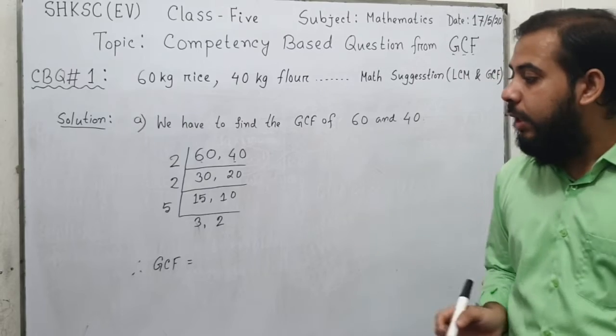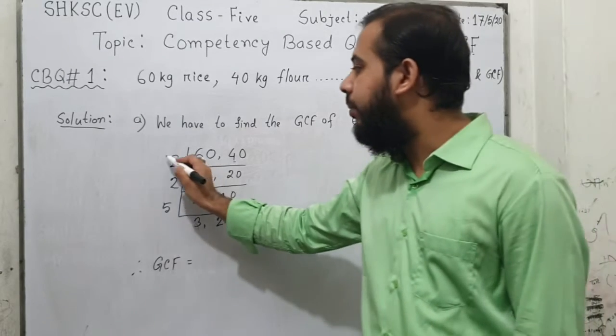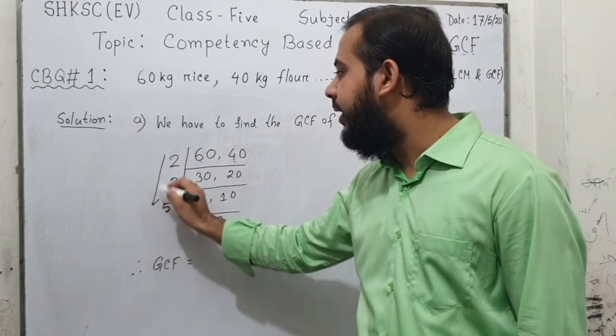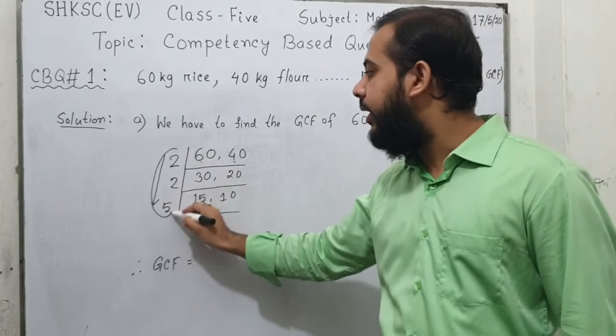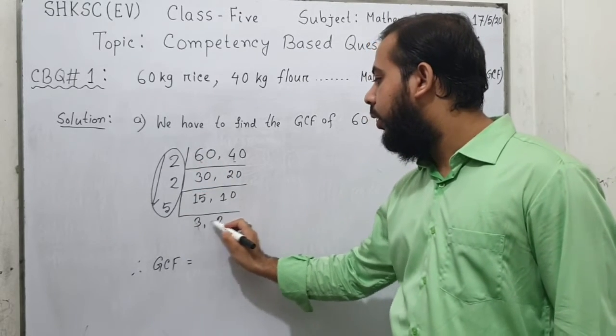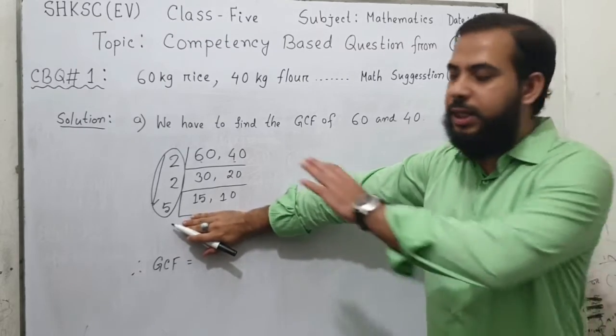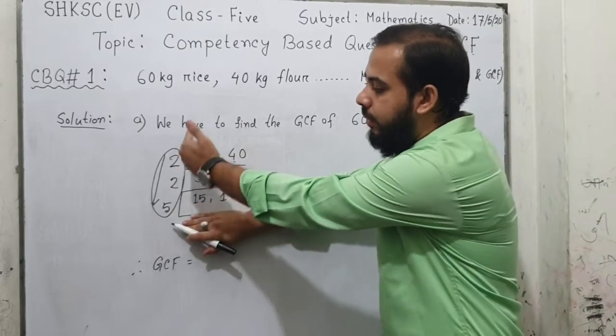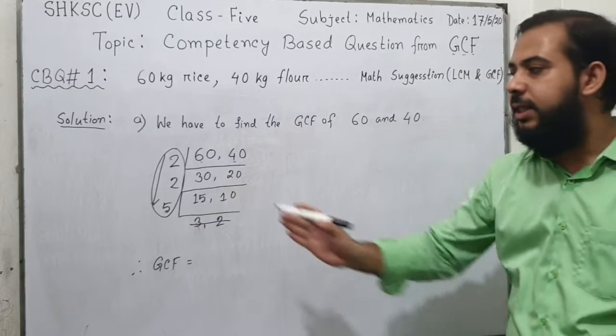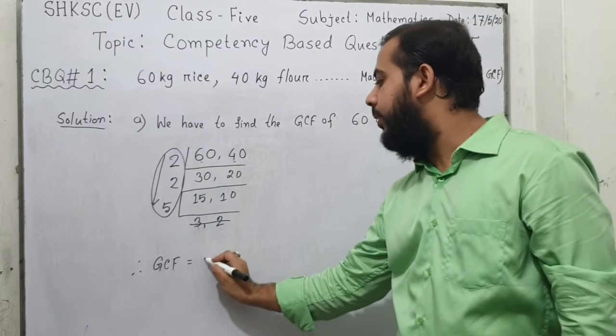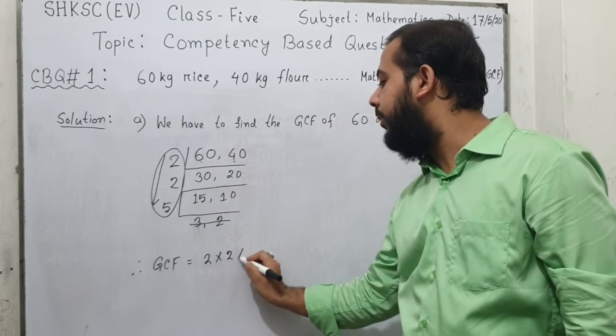But here, to find the GCF, we will multiply these 3 numbers only, not the bottom ones. We only multiply the left side's numbers. So the numbers are 2 times 2 times 5.